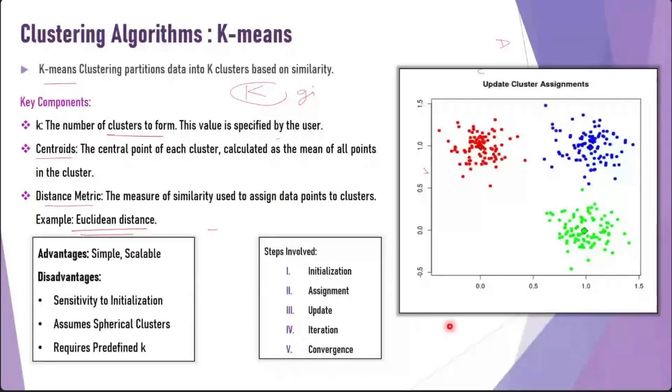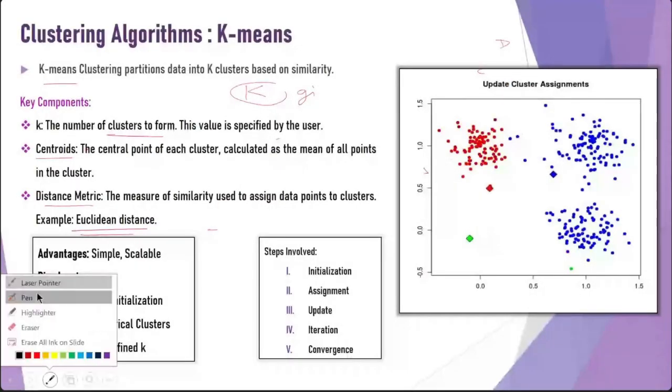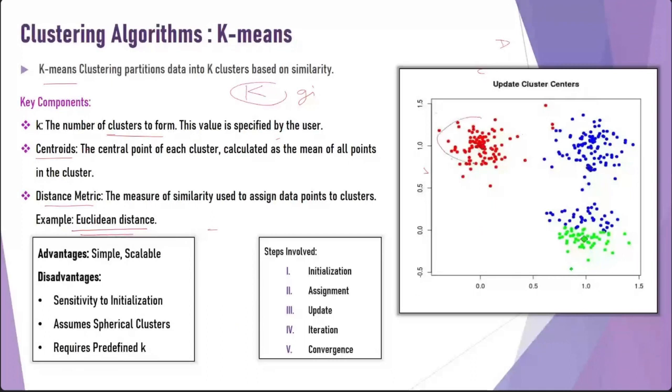There are some advantages of the k-means algorithm: it is simple and scalable. The disadvantages are, first, that it is sensitive to initialization, which means the centroids are first initialized randomly, so the random value affects the algorithm. Then we have spherical clusters. As we see, I can draw a sphere around these clusters, right?